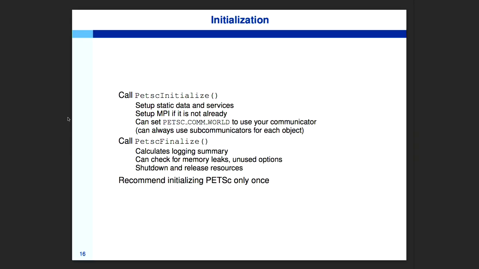So we can either run across all processes or across a subset. You might be using another subset of processors for something else. At the very end of your program, you call PETSc finalize, which will calculate a logging summary. It will shut down and release resources, and then depending upon what options you activate, it can help to check for unused runtime options, memory leaks, and whatnot.